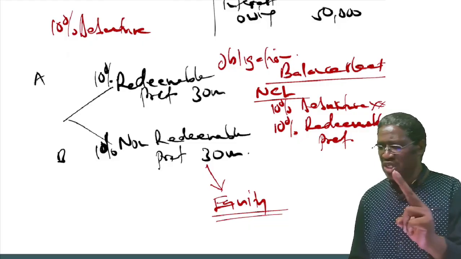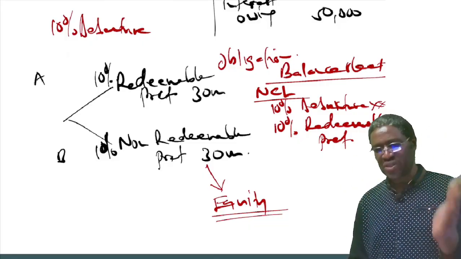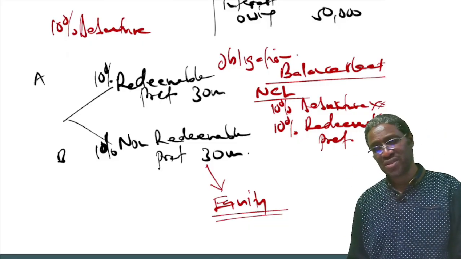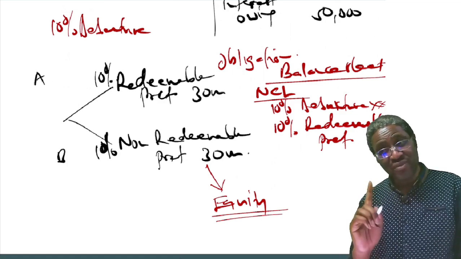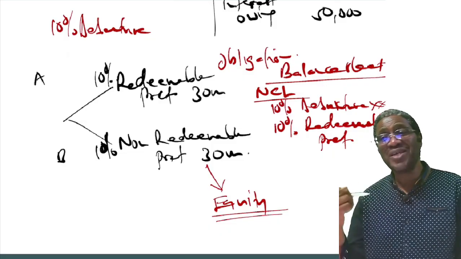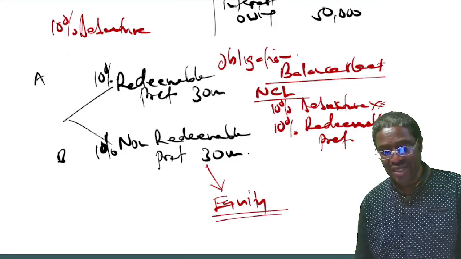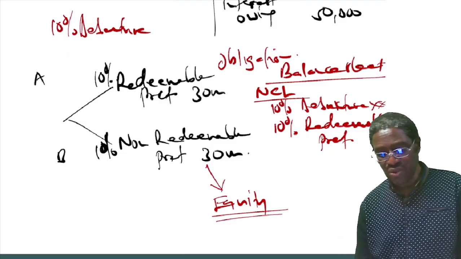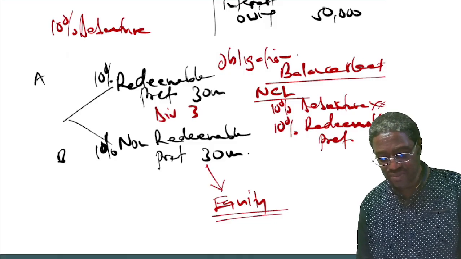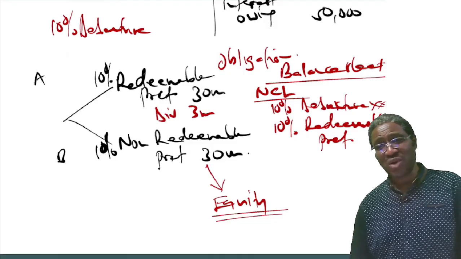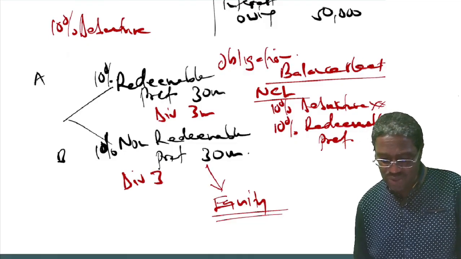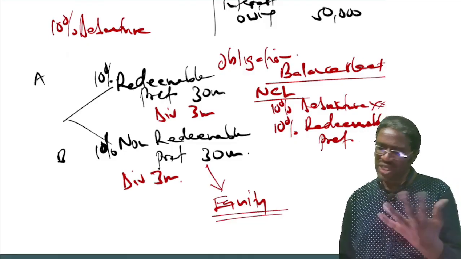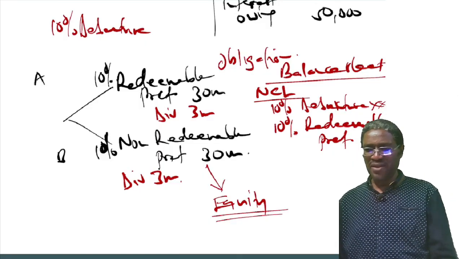both companies issued a 10% preference. Listen. Meaning now, each of them, every year they are required to pay dividends at 10% of 30 million, which will come to 3 million. So company A is required to pay 3 million as dividend. Company B also is required to pay dividend of 3 million. 10% of 30 million is 3 million.